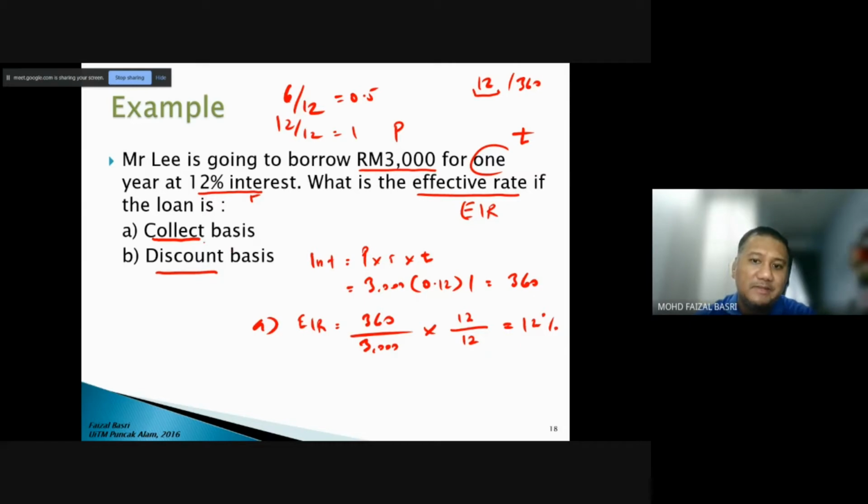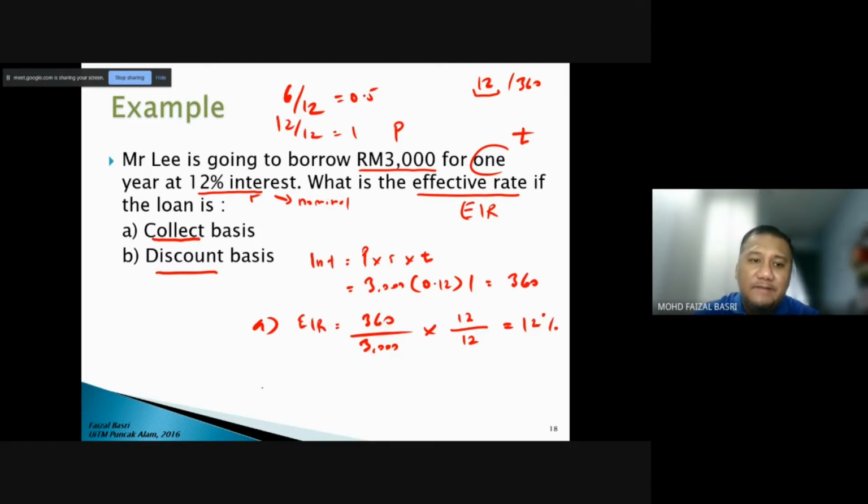Based on collect basis, your nominal rate, remember the rate here refers to nominal, without any adjustment. Based on collect basis, your nominal rate and your effective rate will be the same. There will be no difference between your nominal and effective rates. But that's if it's based on collect basis.